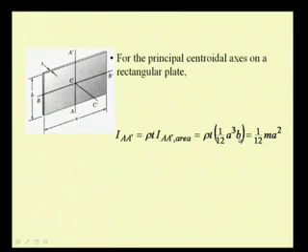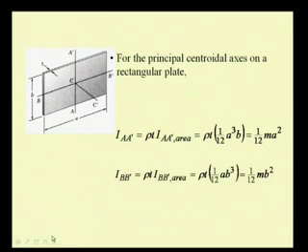So, now the mass moment of inertia of this plate with respect to this axis A prime becomes 1 by 12 mass times A square. Now, same way for the other axis, that is B prime, it is rho times T times the second moment of the area with respect to the same axis, that is B prime, and this becomes 1 by 12 m B square.